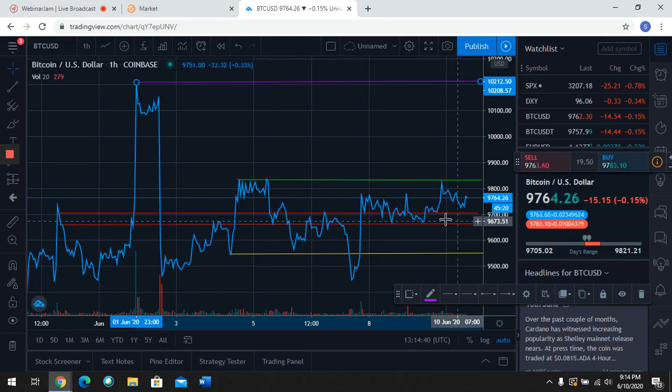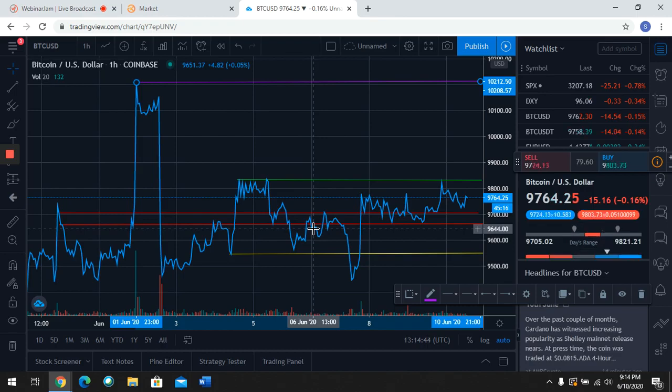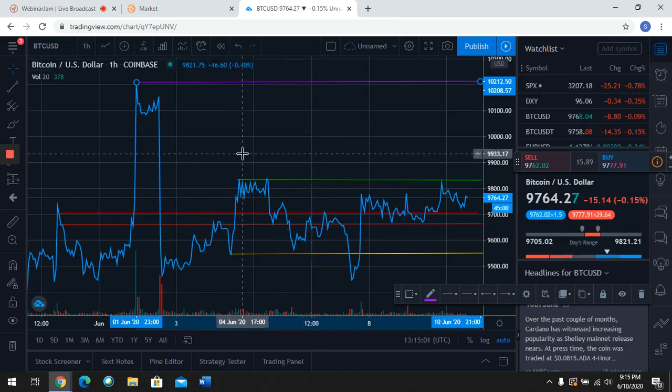But this is based on my understanding of charts. You may have a different understanding, so it's good to practice whatever you have been practicing. Every single trader or investor has a different way of looking at charts. So this is how I gauge myself on technical analysis.